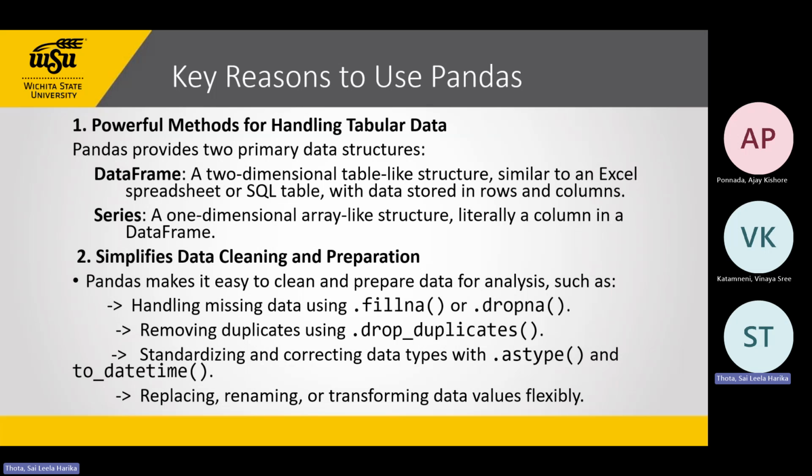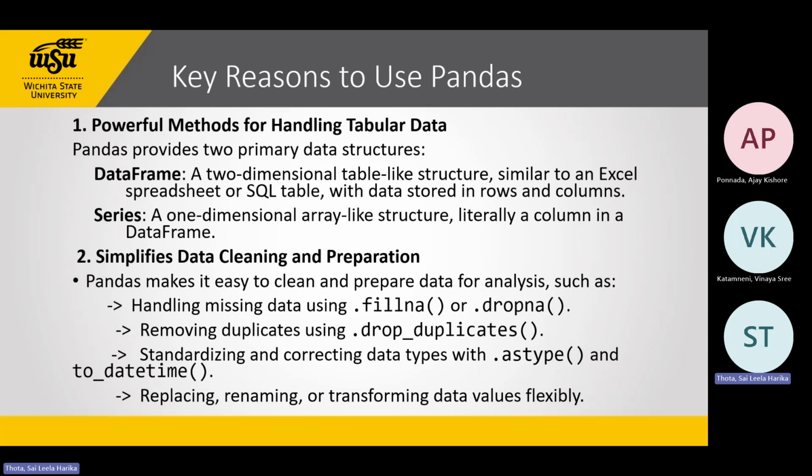It has rows, columns, and indexes. Another structure is the series, which is a one-dimensional structure. If you want to store only a single row or a single column, you will prefer series. But if you want to store the entire rows and columns of an Excel sheet, then you will use a data frame.